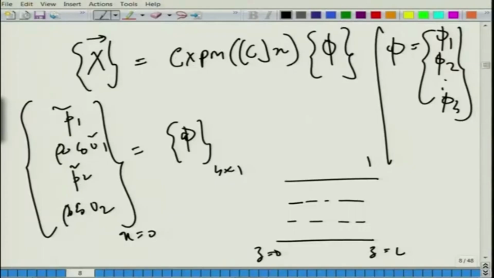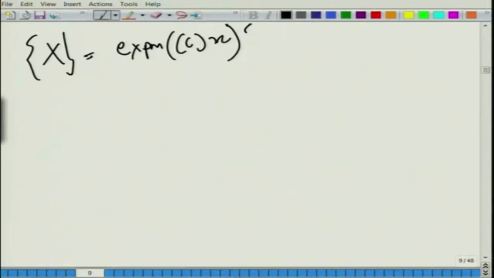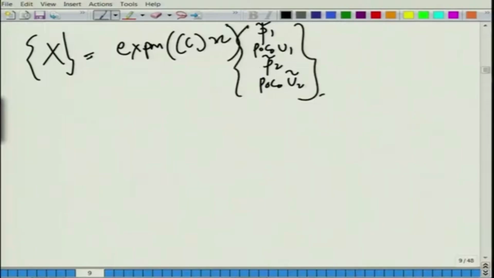We will put x equal to L, giving expm of C times L times P1, rho naught u1, P2, rho naught u2 at x equal to 0.